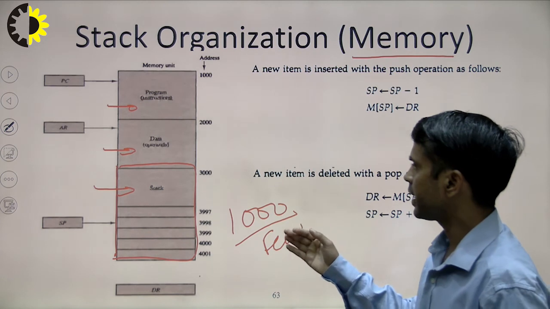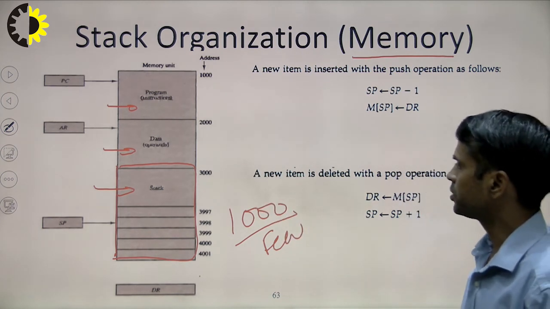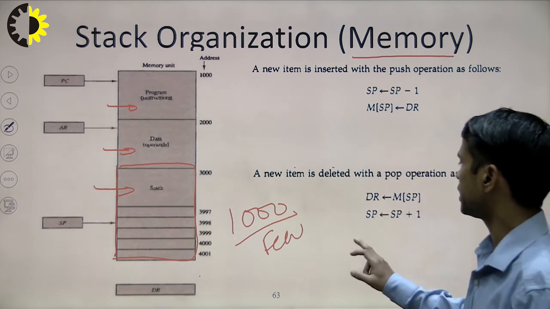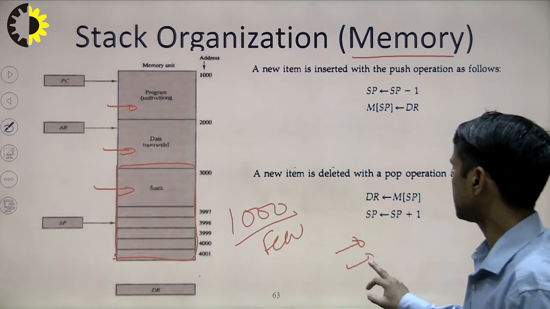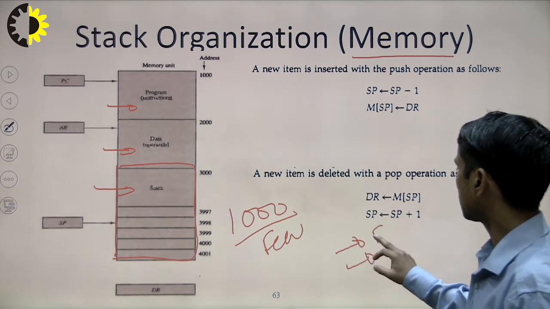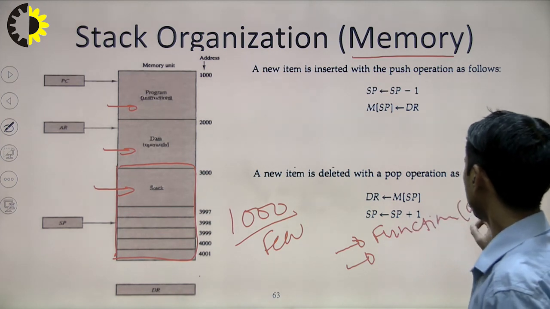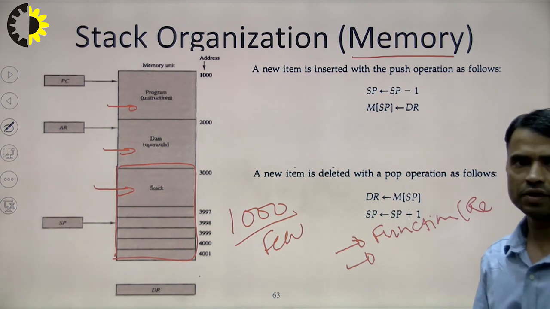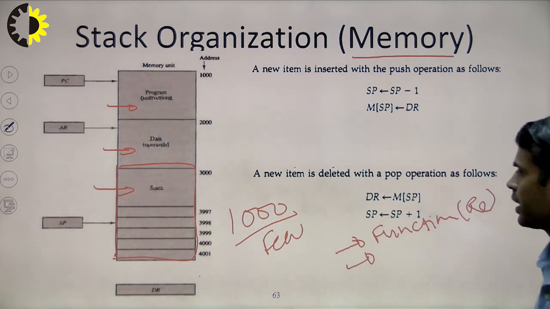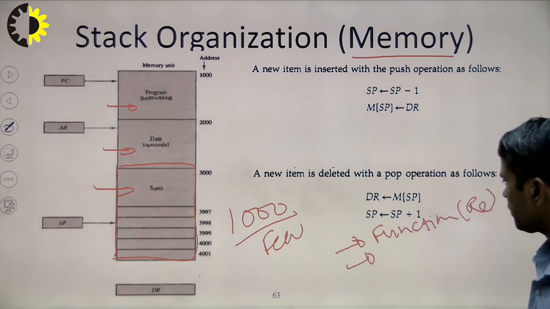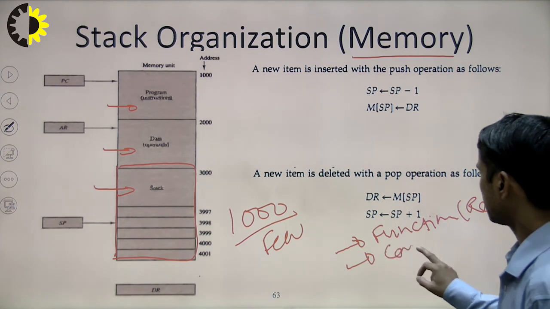The purpose of switching to memory is that stack organization is usually used in two well-known operations. One is the function call operation, that is recursive function calls, where we have to take care of the previous location where we started. The other is the conversion operation, where we convert an expression from infix to postfix notation.